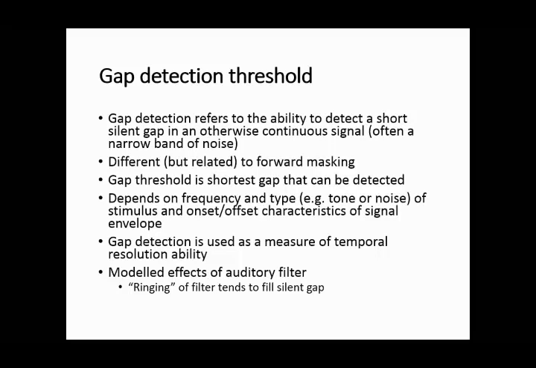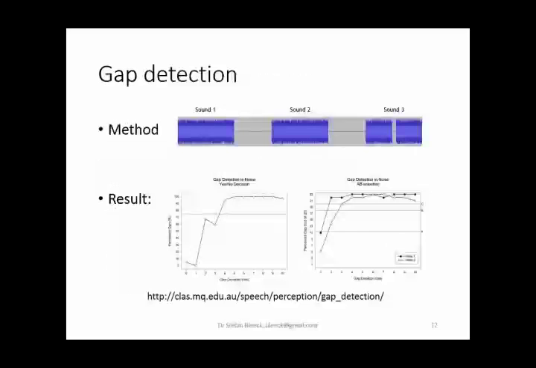So, gap threshold is the shortest gap that can be detected, and it depends on the frequency and the type of the stimulus, and on the onset-offset characteristics. It depends on a lot of things, and it's quite difficult experimentally to measure. But it's usually used as a measure of temporal resolution ability, because the experiments itself are very straightforward. Coming to ringing in a second.